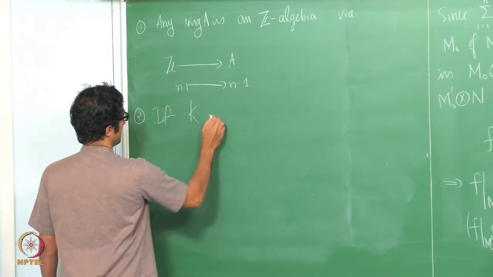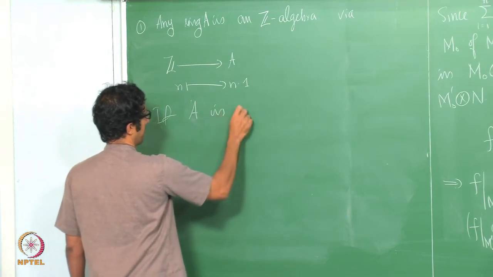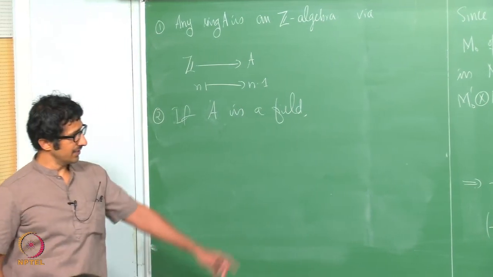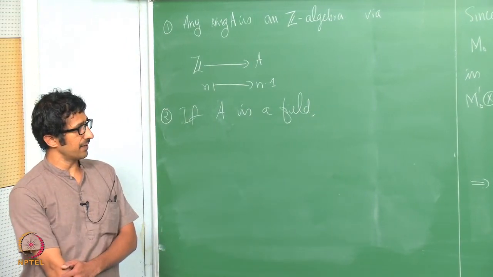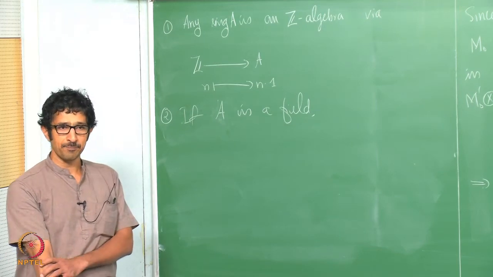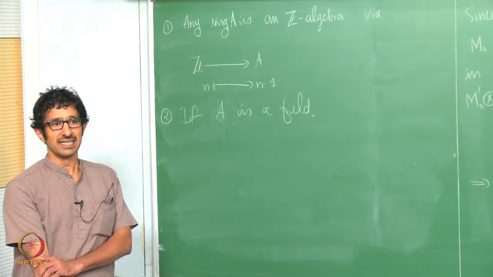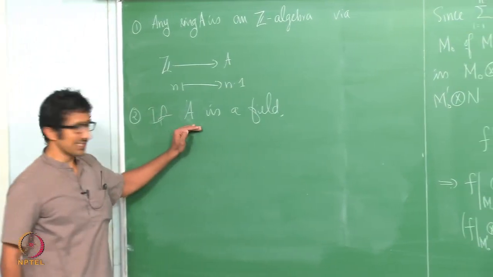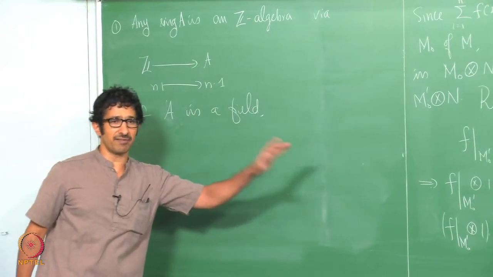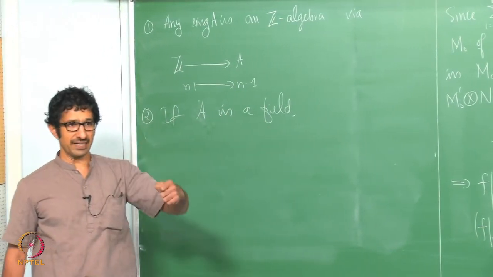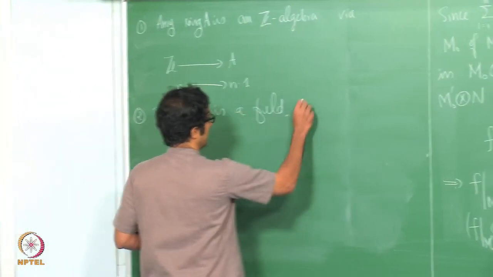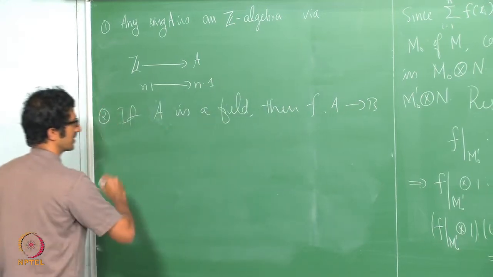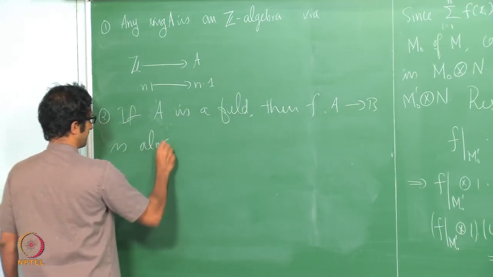If A is a field, then your ring map will be a ring homomorphism from A to B. If it is non-zero, it is always injective. So, if A is a field, your A algebra will always contain a copy of A. Then f from A to B, assuming it is non-zero, is always injective.